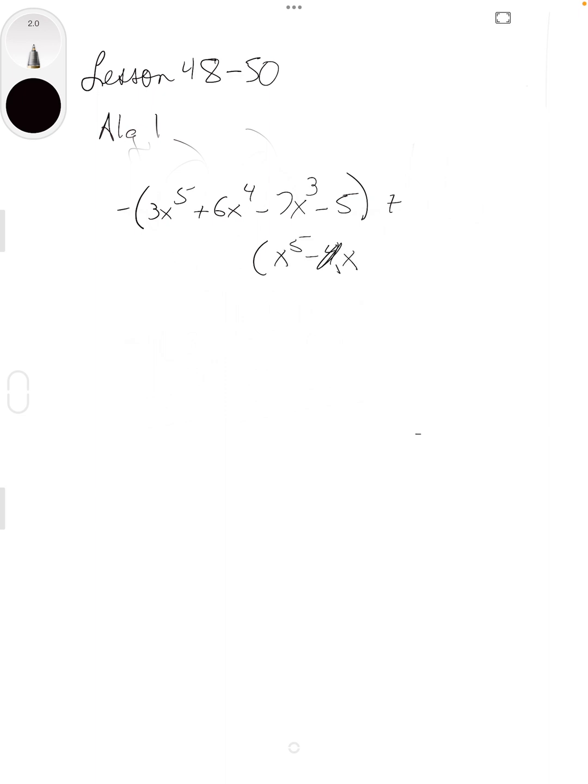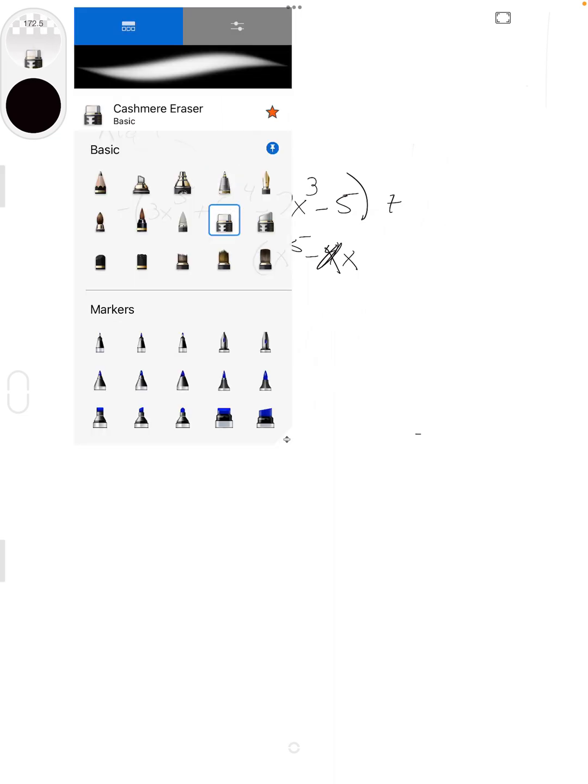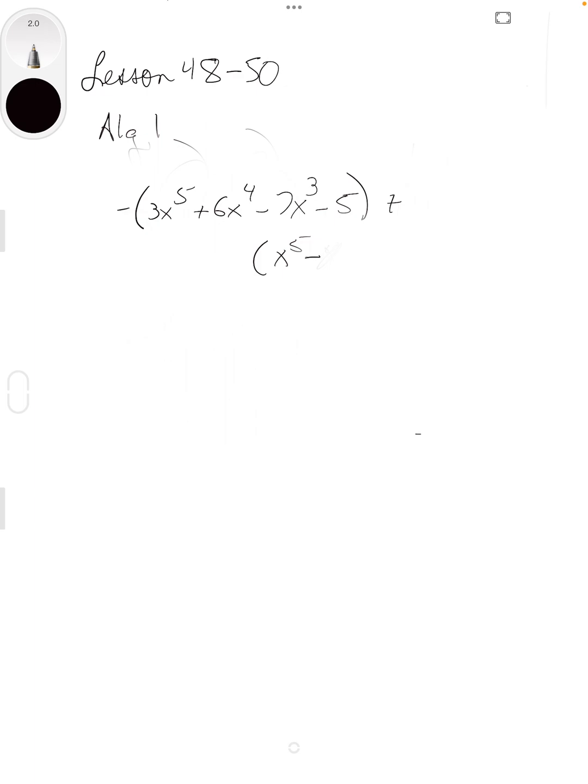Oops, sorry, I wrote that wrong. Minus x to the fourth plus 3x squared minus 2x minus 8. Okay, so you have this big long thing plus this big long thing.